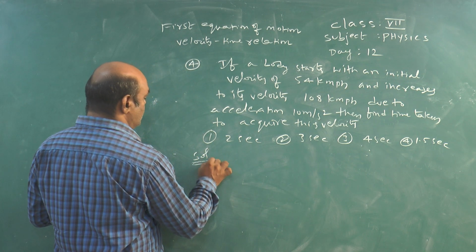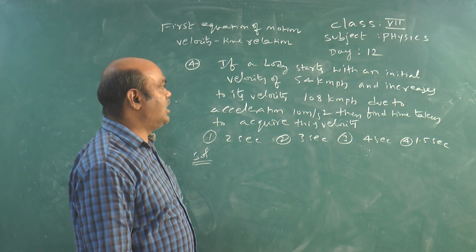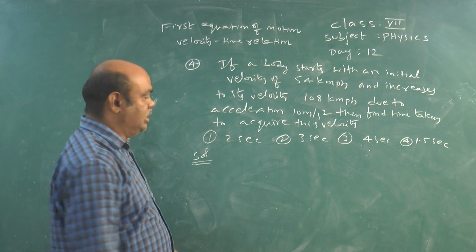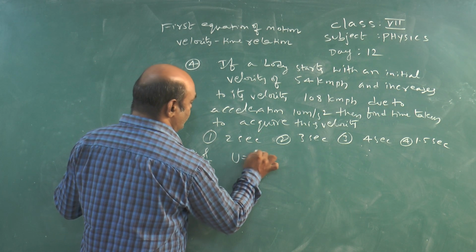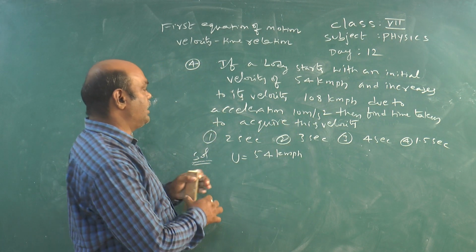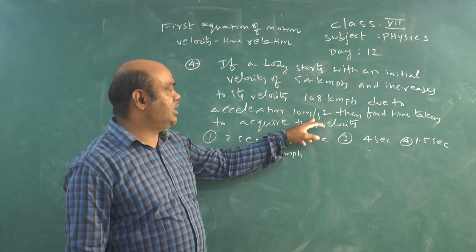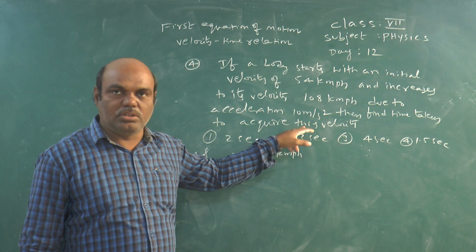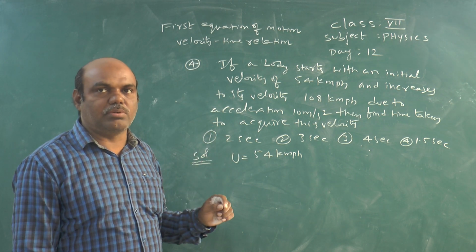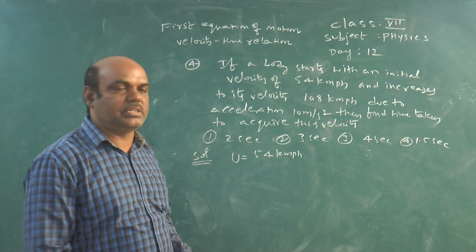Solution. In this, the body starts with an initial velocity u equal to 54 kilometer per hour. But the acceleration is given in meter per second square and the options are in seconds, so we should convert this velocity into meter per second.